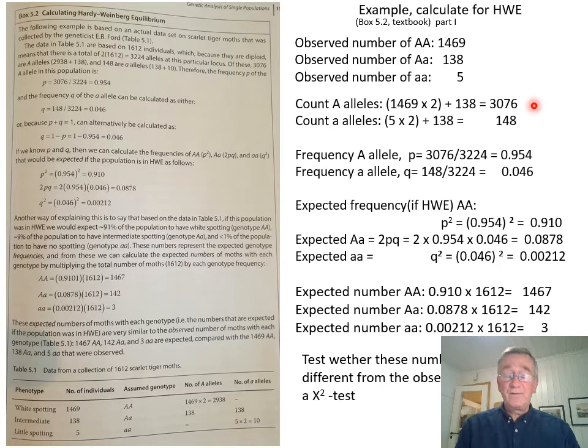We do the same for counting the number of small a's, which is 148.